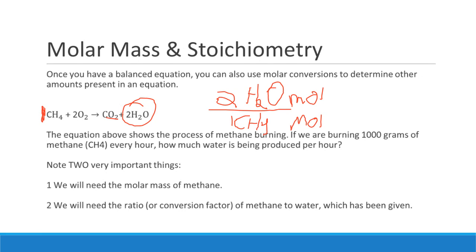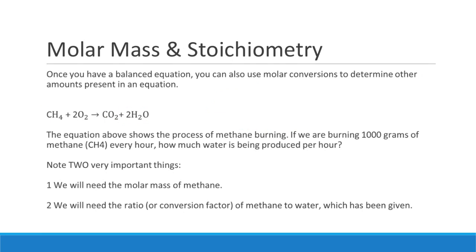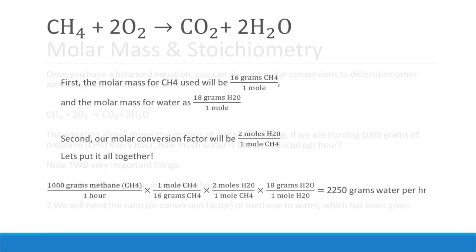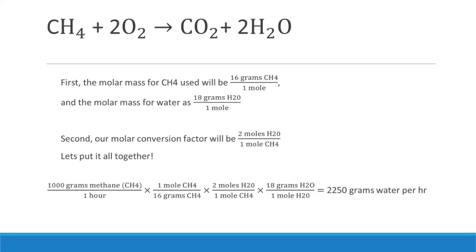All right, that's an ugly way to show it. I've got it better on the next page. So up at the top, we still have our conversion factor. I'm going to try and just sprint through these last 3 things. First, the molar mass we're going to use: carbon is 12, 4 hydrogens is about 1 each. So we're going to say it's 16 grams of methane per mole.